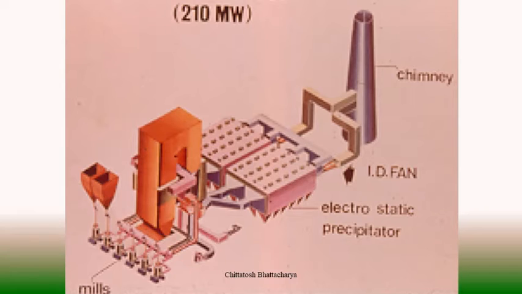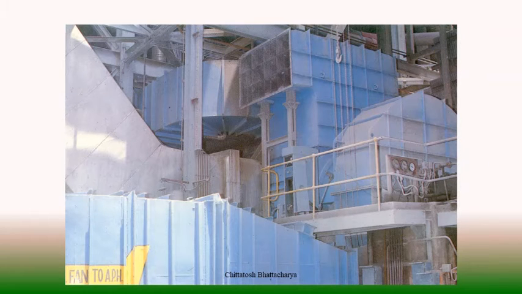So the ID fan as such is helping the amount of heat transfer and its distribution across the various heat traps. That is a very important part, and ID fan draft control is dependent on the furnace draft measuring device. So furnace draft regulates the ID fan draft creation and how much RPM will be there in the ID fan to create the induced draft.